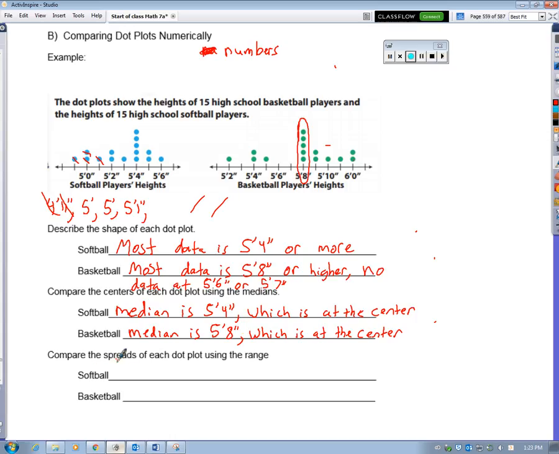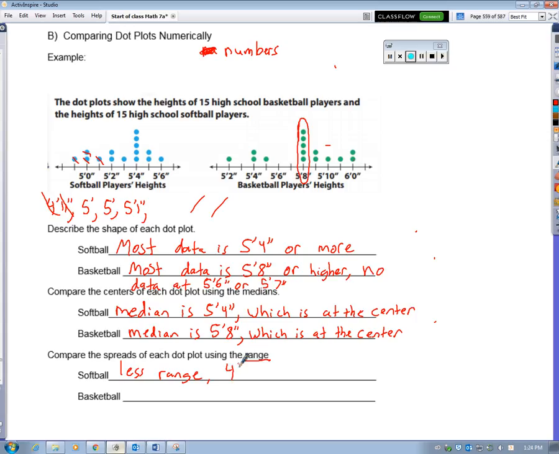Last thing we're going to look at is the spreads, but we're going to be using the range so that we could see some numbers behind this. So for softball, we already know that there's less of a range here because the data points are closer together. If we were going to calculate the range, let's just say there is less range, and then we would show the example.